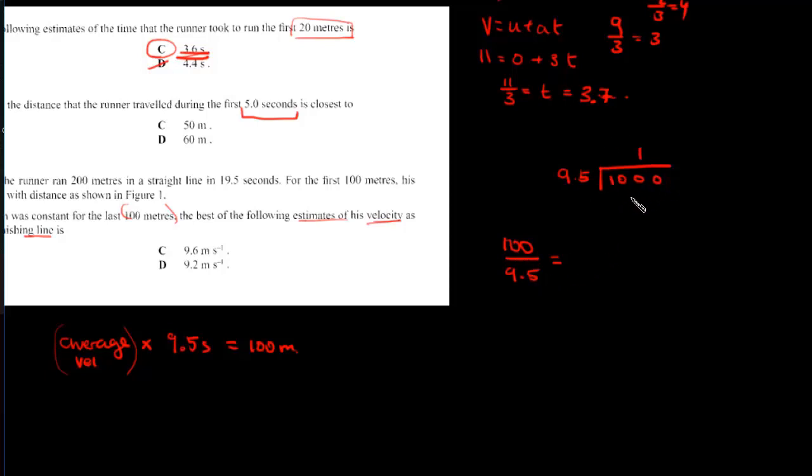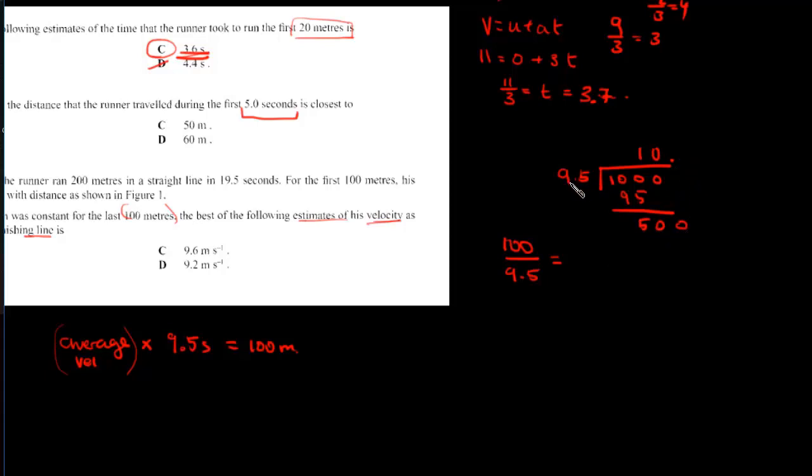I think 95 can fit in here. 100 minus 95 is 5. Then you cannot fit any 95 into 50, so you bring in another 0 and put 0 there, and it's going to be a decimal point now. How many 95 can fit into 500?